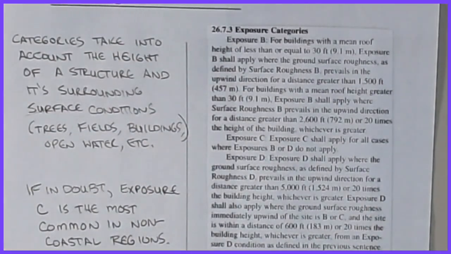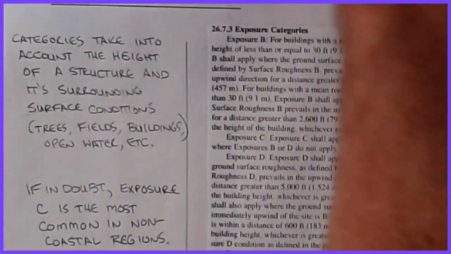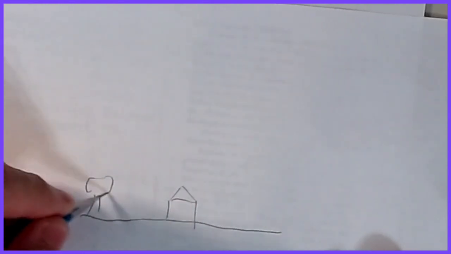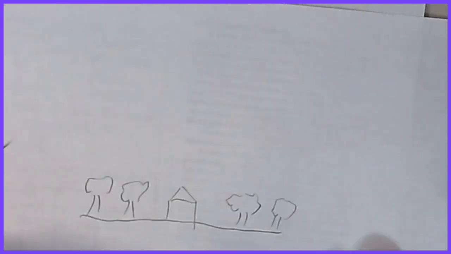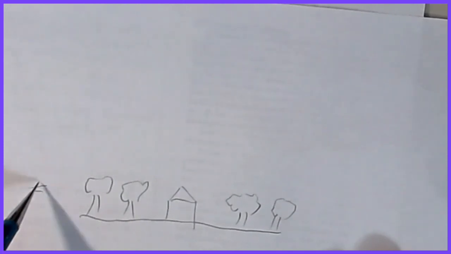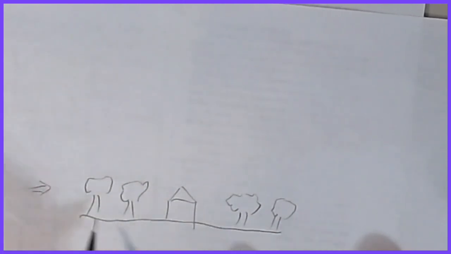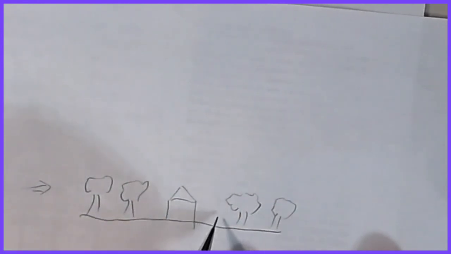So exposure B. What that's saying is, what we're trying to not have happen is, let's suppose I have some structure that's here, and it's sitting in amongst the woods. Then if the wind is coming in this direction, the wind is being impeded by the trees in this region.